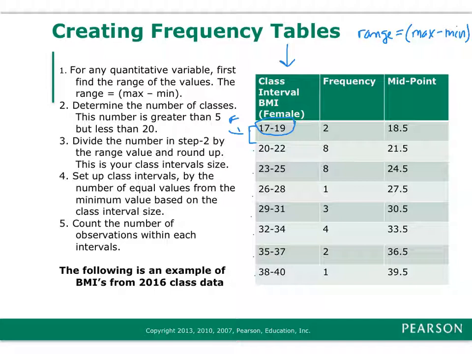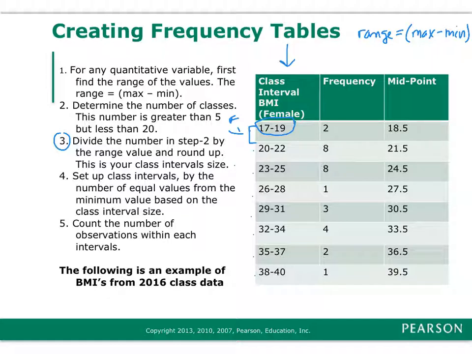So once we divide, we do step 3, we divide the number in step 2 by the range value and round up. This is your class interval size. We set up the class intervals by equal number values from the minimum value based on the class interval size. So in this case, the interval size is 3, so we start out 17, 20, 23, 26, 29, 32, 35, and 38.